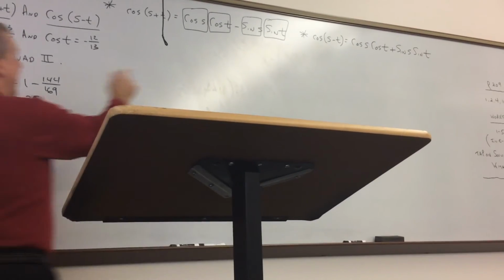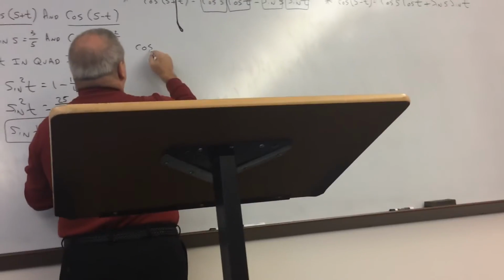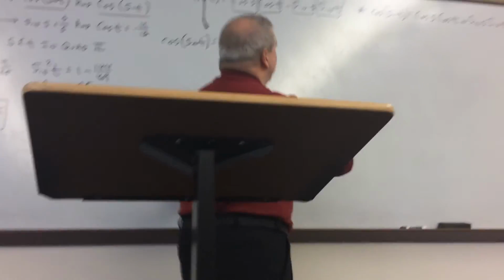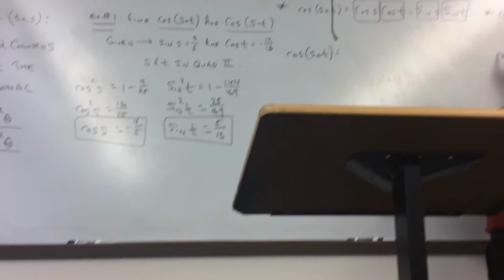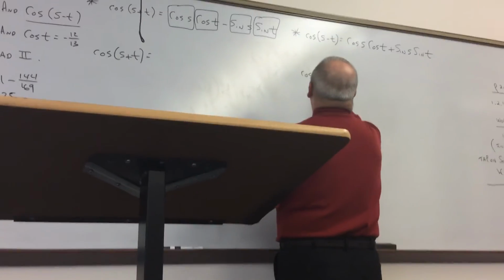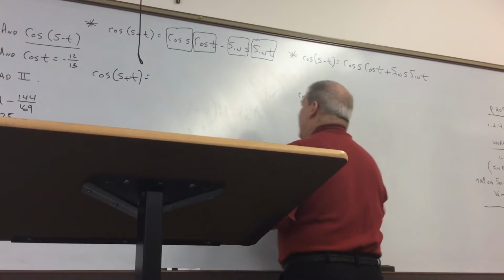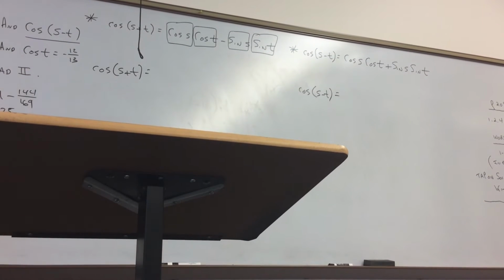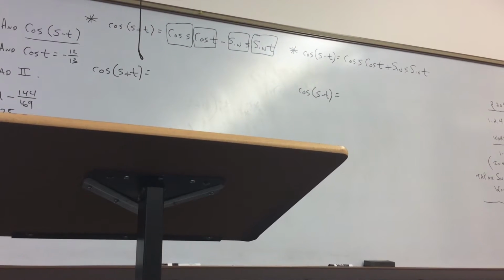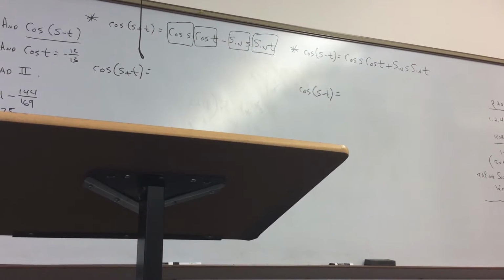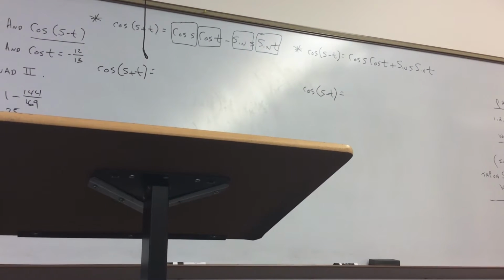So you can come over here now, in your notebook, write down cosine of s plus t equals, and then right next to that you can put cosine of s minus t equals. Now somebody tell me, all I'm gonna do right now is what? For both those formulas, all I'm gonna do right now is, Rob, put everything in.